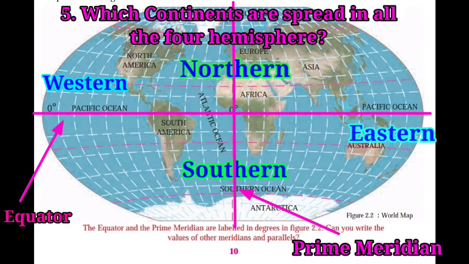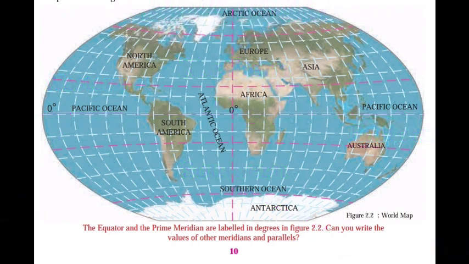Question number 5: Which continent is spread in all four hemispheres? There is only one continent, which is Africa. It is spread in all four hemispheres.